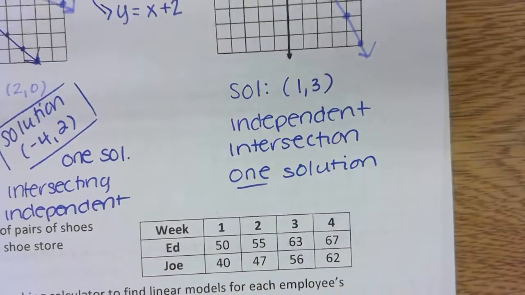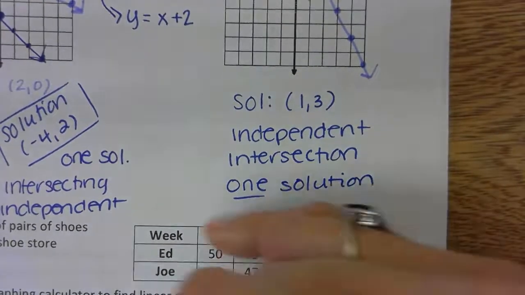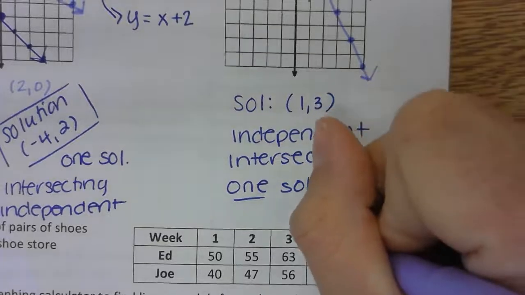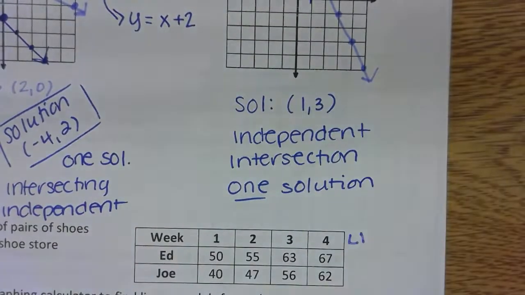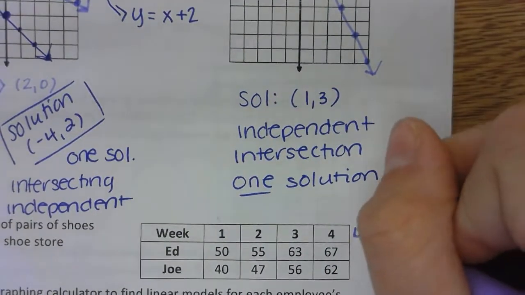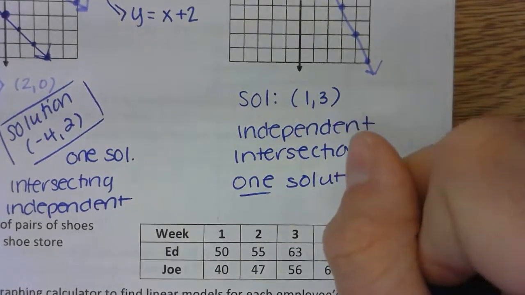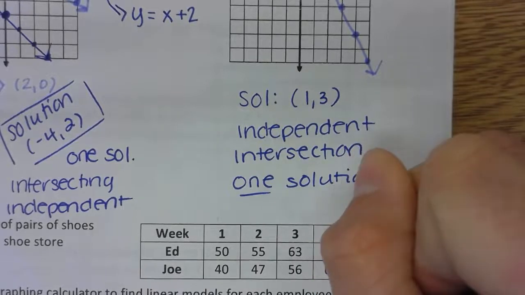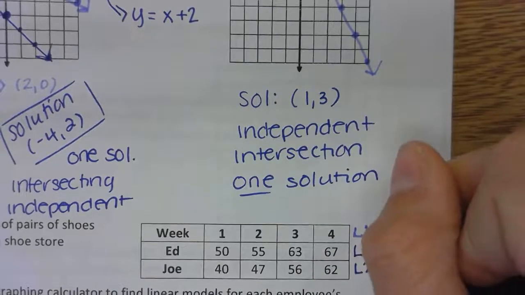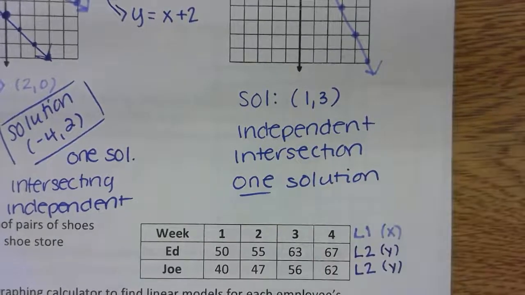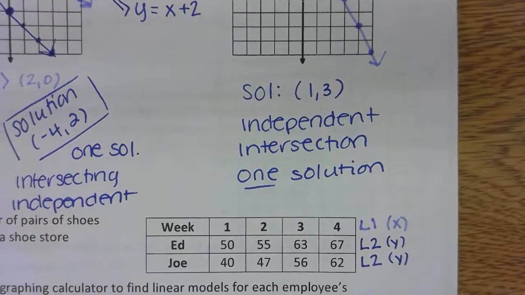L1 is going to represent our weeks because that's our X value. L2 is going to change. It's going to be Ed and Joe, depending on which one we're looking at when.